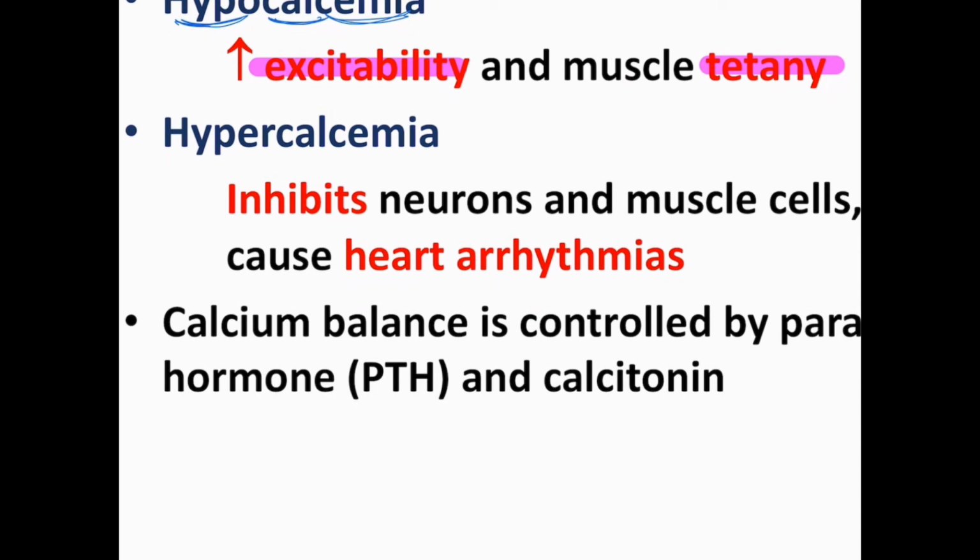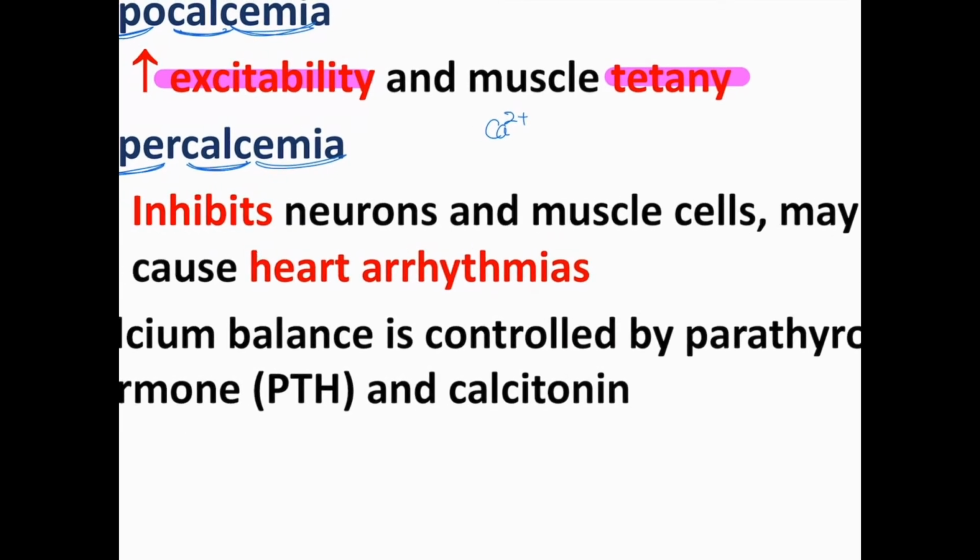Another homeostatic imbalance related to the blood calcium level is having too much calcium in the blood, which is hypercalcemia. Having too much calcium outside in the extracellular fluid will inhibit the neurons and muscle cells and may cause heart arrhythmia.